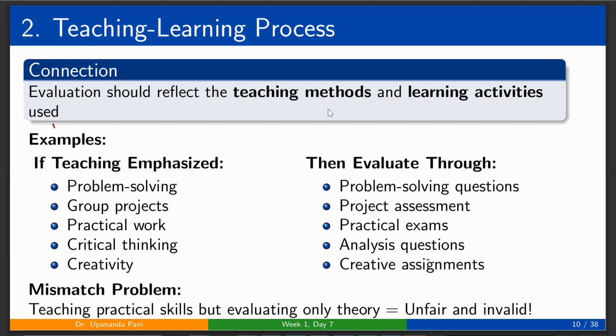But what is a mismatch over here is to teach practical skills but evaluate only theory. You are teaching practical skills, but when it comes to the exam, you are only evaluating the theory, or there are theoretical questions in the exam. So that is unfair and invalid. Right?